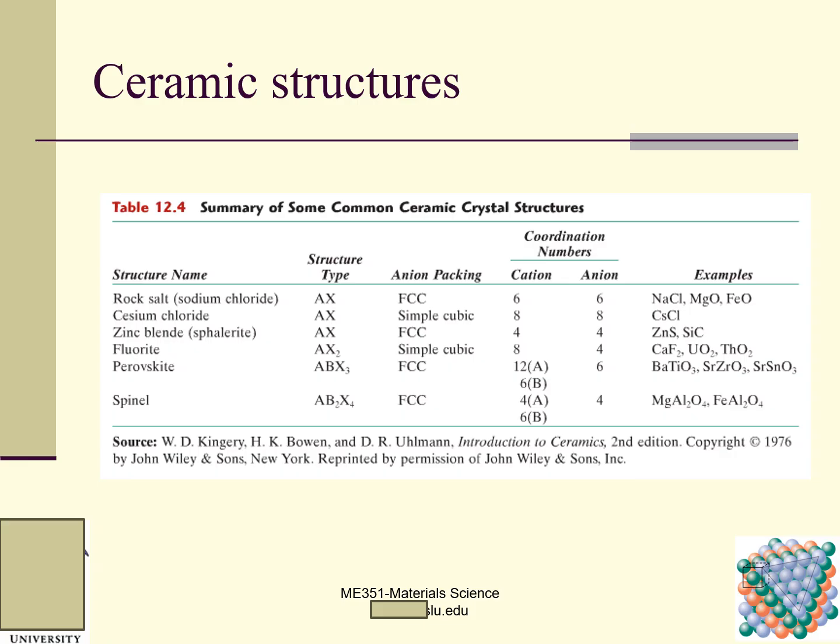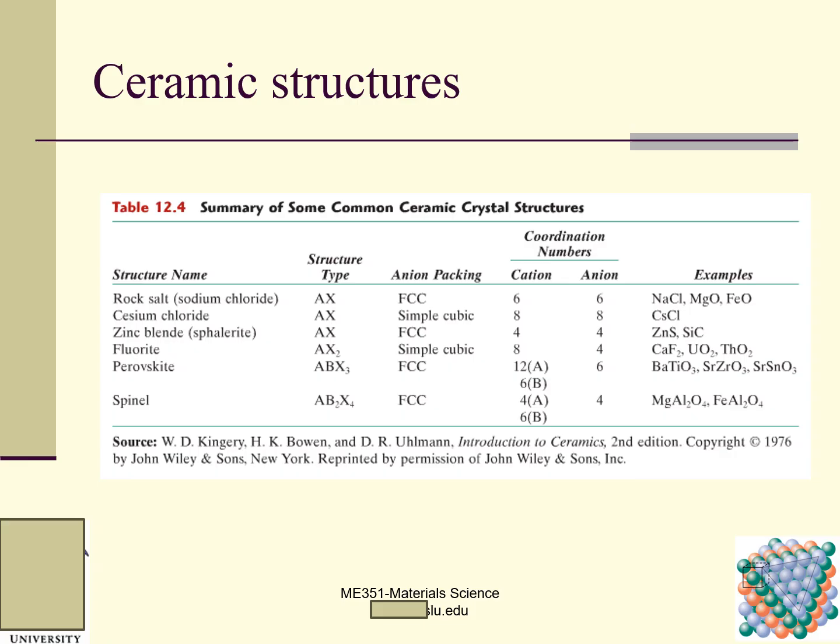So ceramic structures, there are several different ones. For example, rock salt. This is a very common one. Sodium chloride is a representative. And cesium chloride, zinc blende, fluorite, and this is a perovskite. Also this is spinel.